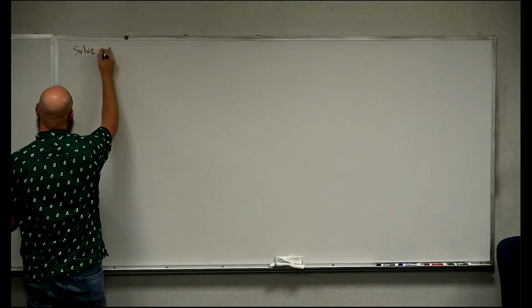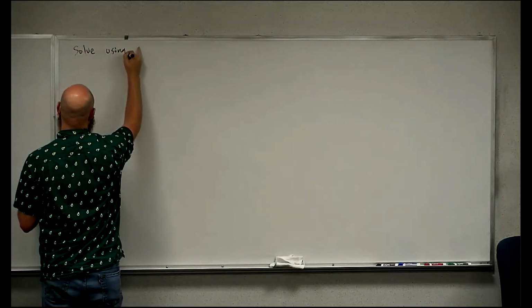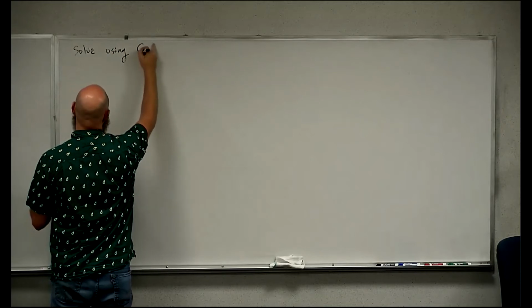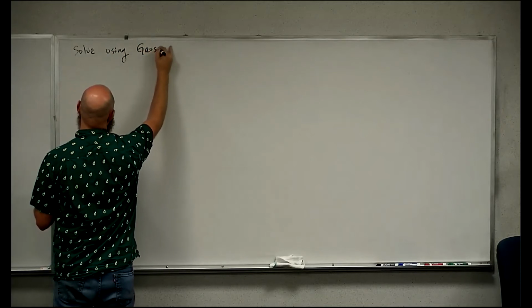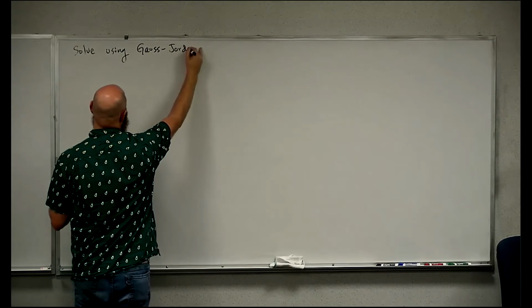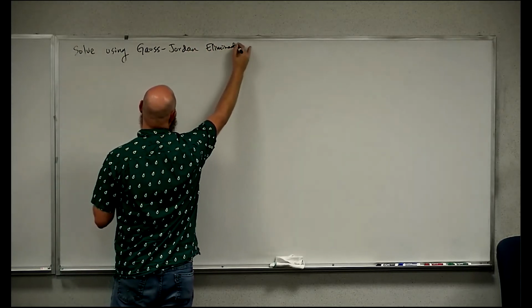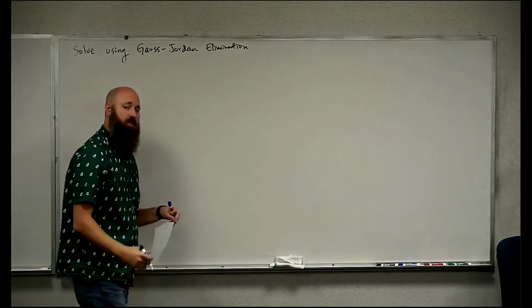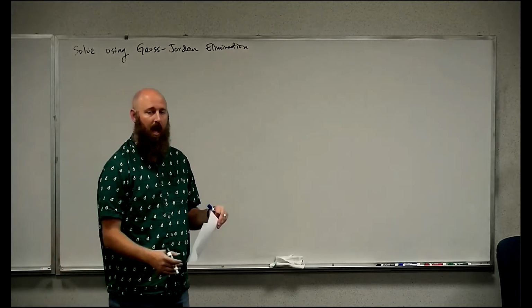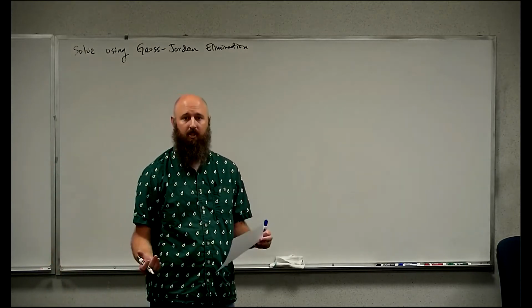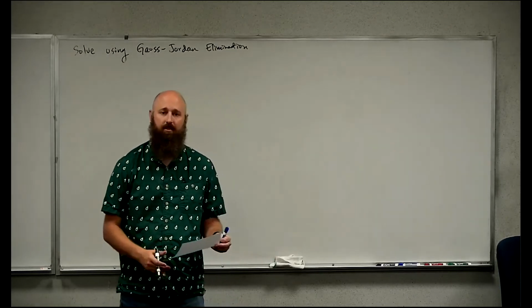All right, solve using, I'm going to use Gauss-Jordan elimination. I will accept Gaussian elimination. I know the difference between the two. Your other instructor may show just Gaussian elimination.